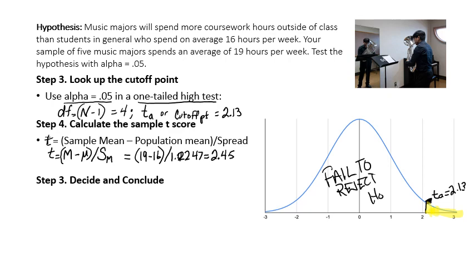We can now place our t-score within this grid, and we'll mark it with a red pen here.